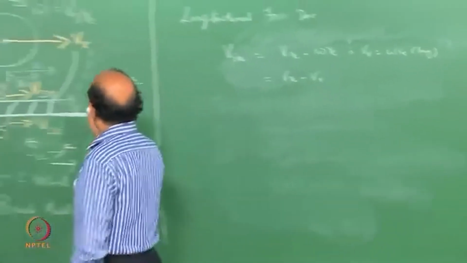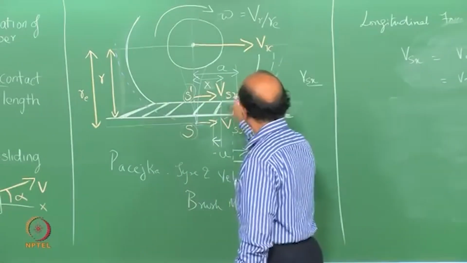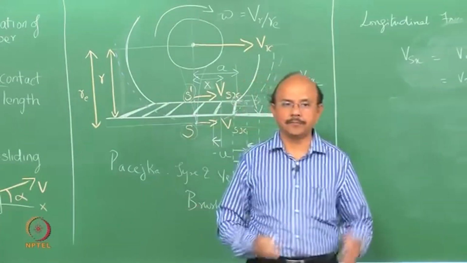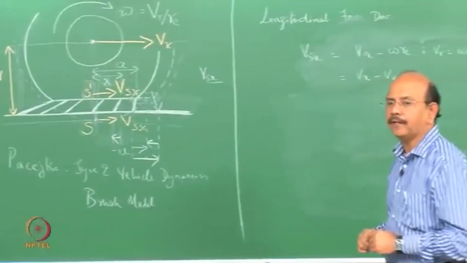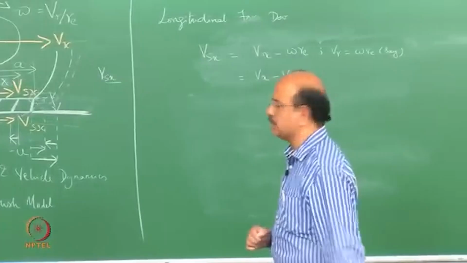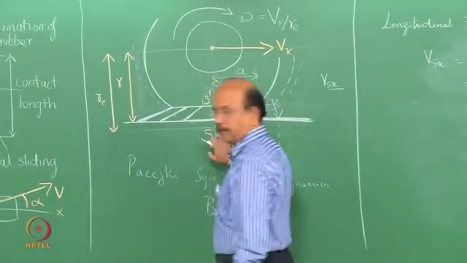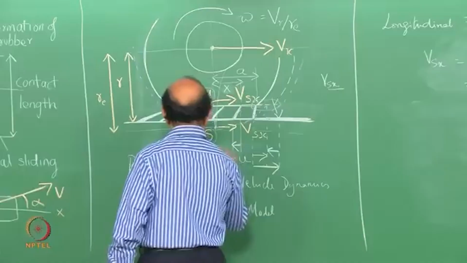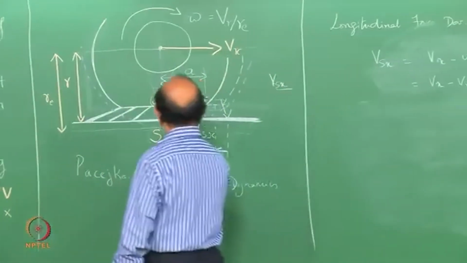Now the first thing is that I want to know how this tail has moved. In order to do that, let me introduce a coordinate system with this as the base, x is equal to 0, positive in this direction.